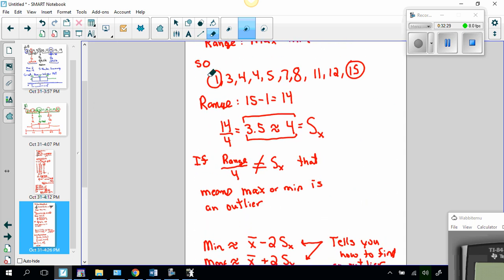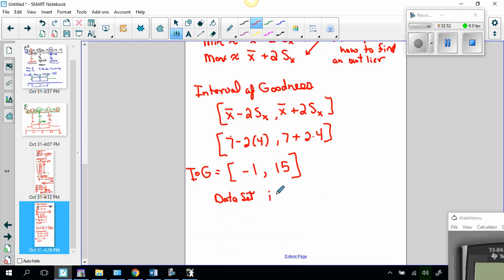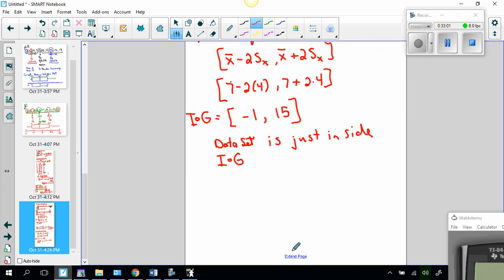My data is between, barely, the 15 just makes it, just squeaks in. The 1 made it in no problem. So my interval of goodness says that all my data is good. So my data set is just inside the interval of goodness. Therefore, no outliers.